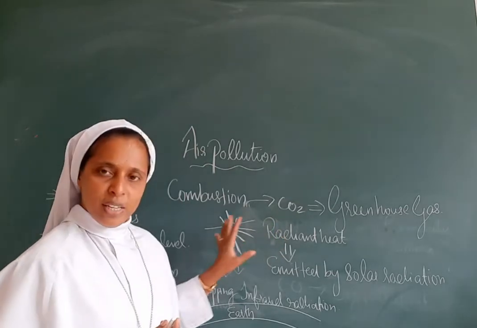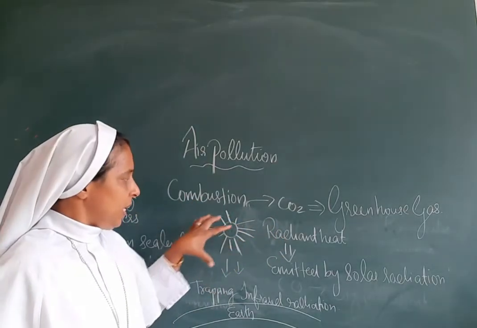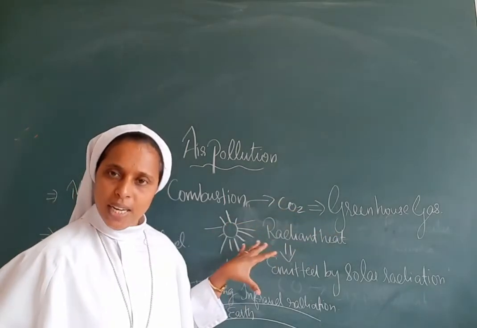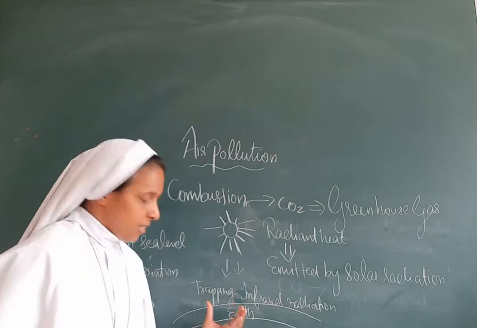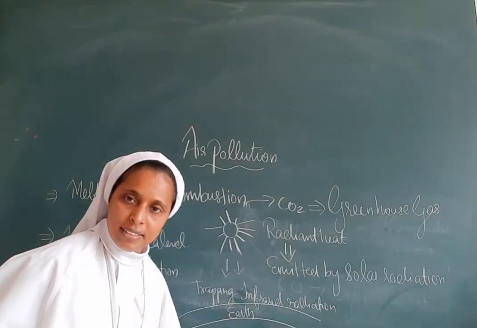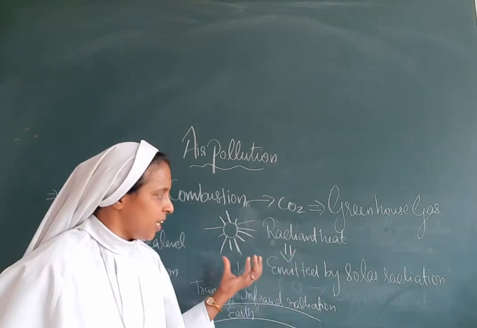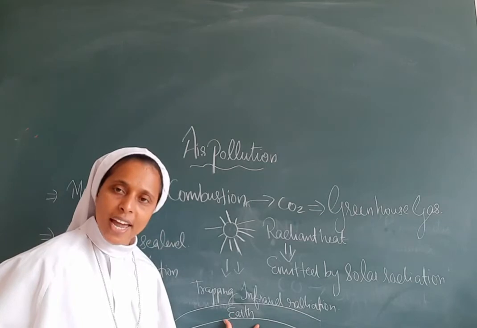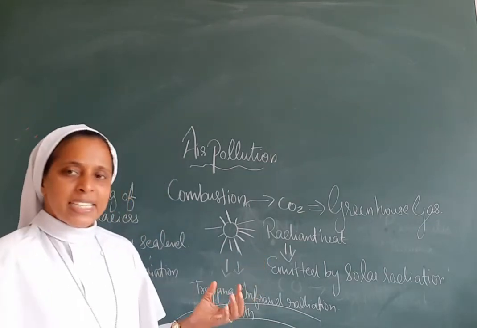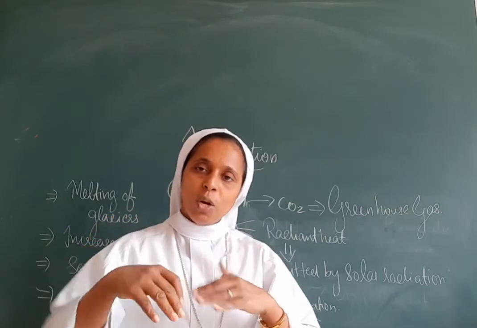Greenhouse effect means the sun. Okay, the radiant heat emitted by the sun, the solar radiation, is trapped by the earth. Trapping infrared radiation. The radiant heat of the sun is being trapped by the earth. Once it is trapped, it is trapped forever. जो अंदर आते हैं उसी को बाहर जाने नहीं देंगे.